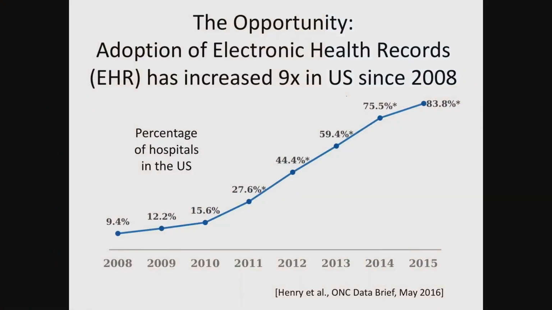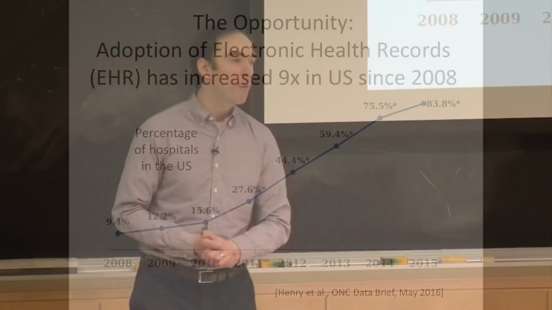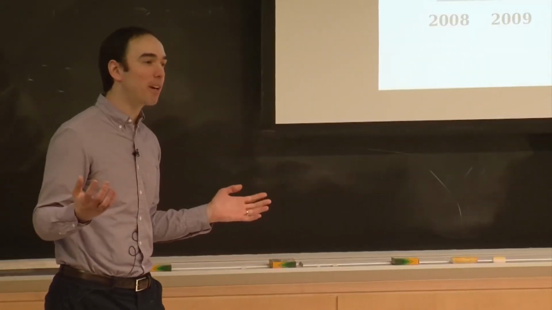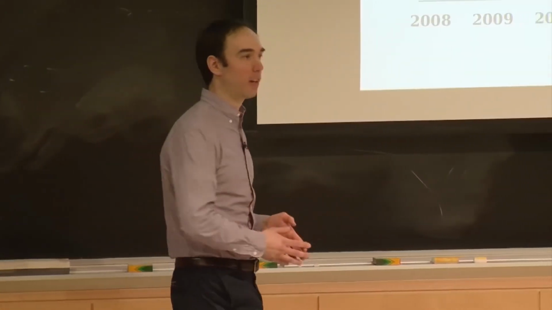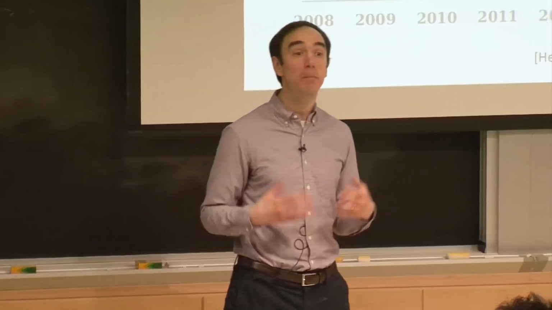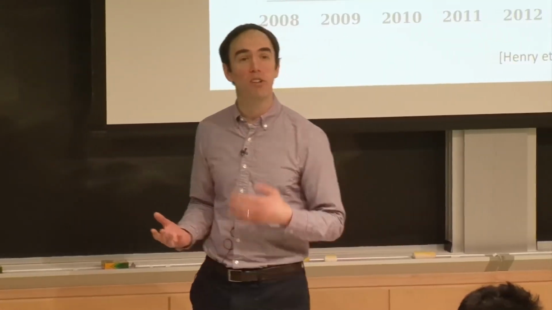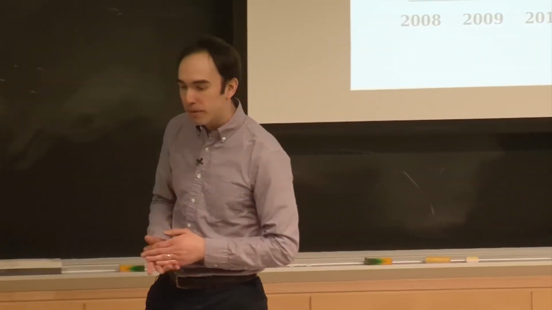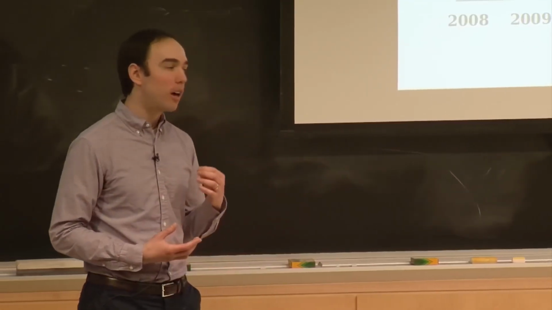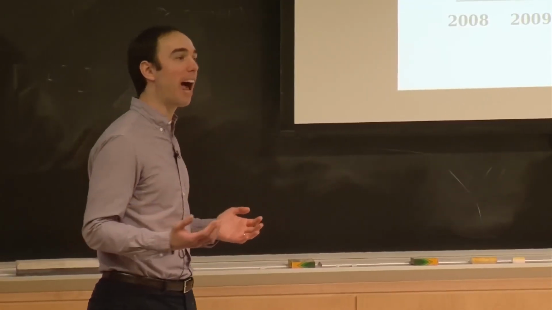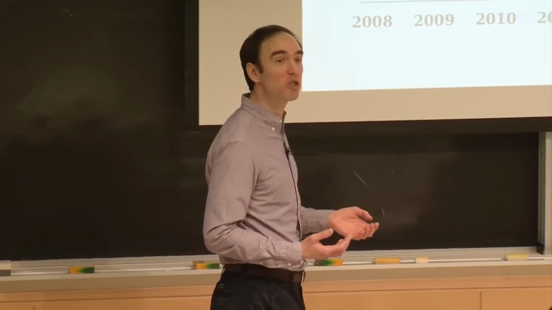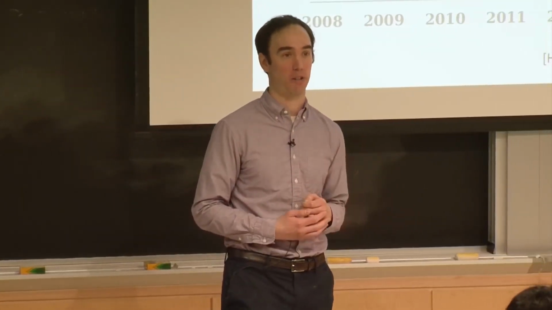Now, here in the United States, for example, the story wasn't that way even back in 2008, when the adoption of electronic medical records was under 10% across the US. But then there was an economic disaster in the US. And as part of the economic stimulus package, which President Obama initiated, there was something like $30 billion allocated to hospitals purchasing electronic medical records.